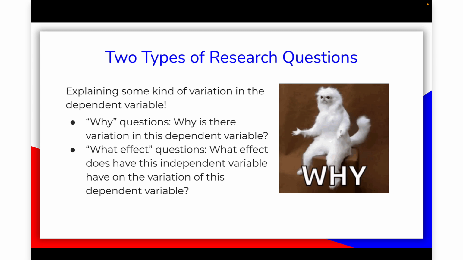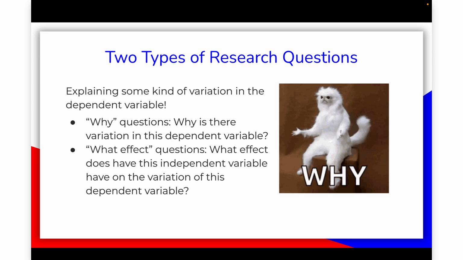For instance, why do some countries go to war and others don't? Why has democracy eroded around the world? Why do some people vote for a Democratic candidate and others don't? Right? Those are all examples of variation in that dependent variable, the thing being affected.